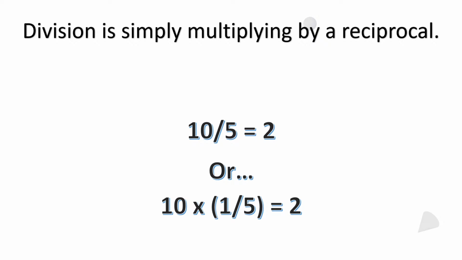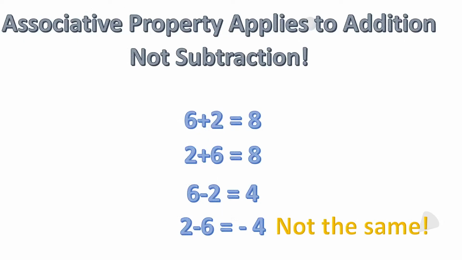BODMAS is not telling us division must be done before multiplication. It's just an acronym. It's a memory tool, but it's not to be misinterpreted as a six-step checklist. For example, here, you can say 10 divided by 5 is 2, or you could say 10 multiplied by 1/5 equals 2. So once again, division is just the same as multiplying by a reciprocal.